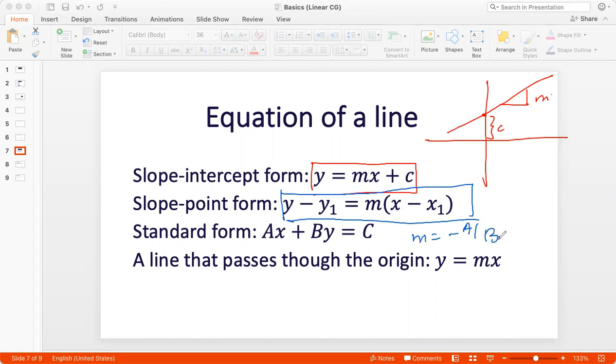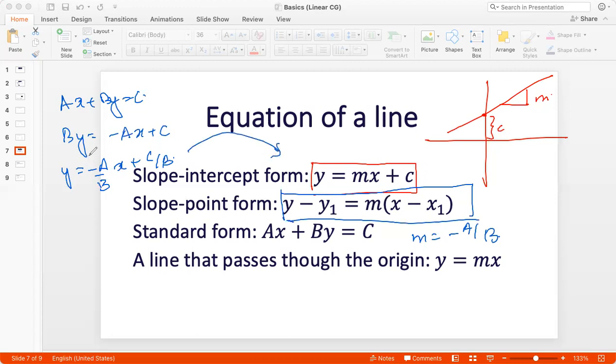This can be verified. If you look at ax plus by is c, I can say by is minus ax plus c. So y is minus a by b x plus c by b. And if we compare this to the slope-intercept form, the slope is indeed minus a by b, right?